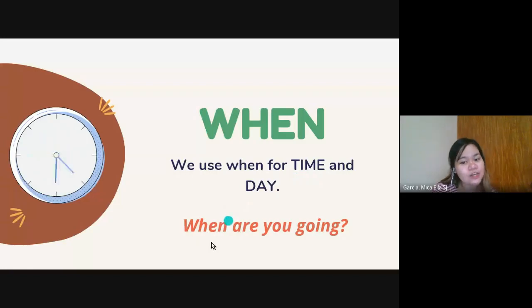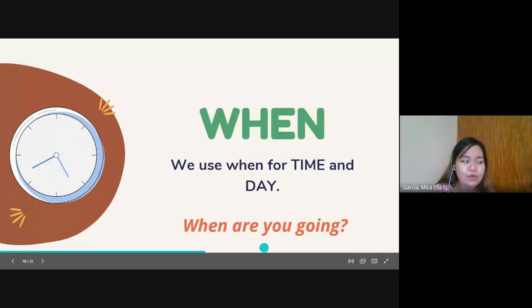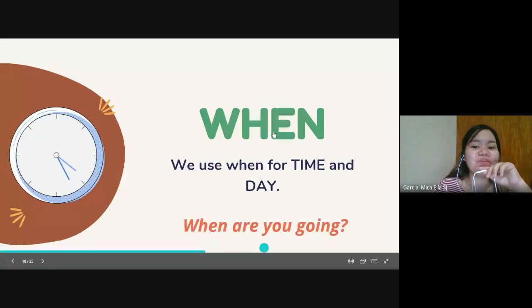So in the question here, when are you going? So you are asking for time. You are asking someone for the time that he or she will go. Again, we use the relative pronoun when we are referring to time and day.